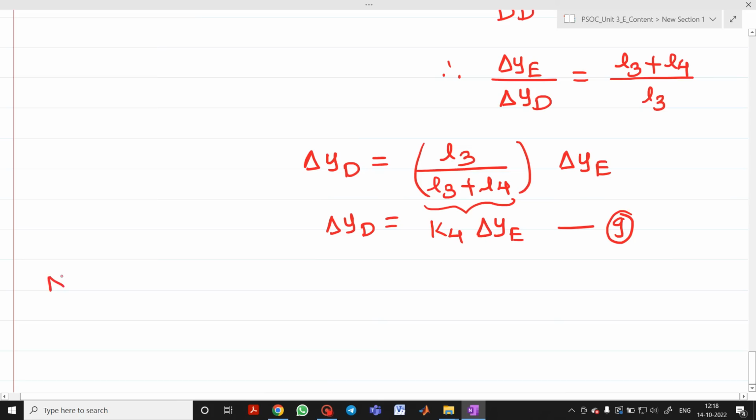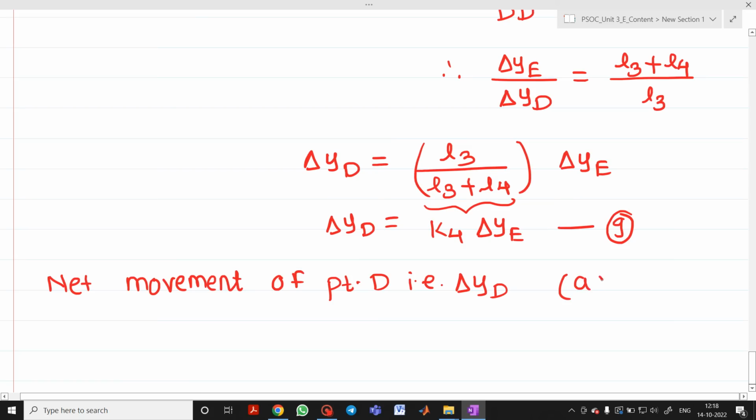So how can I write the net movement of point D? Net movement means, let me take here delta YD. How can I write the equation for the net movement of the point D? We have to add equation number 8 and equation number 9.